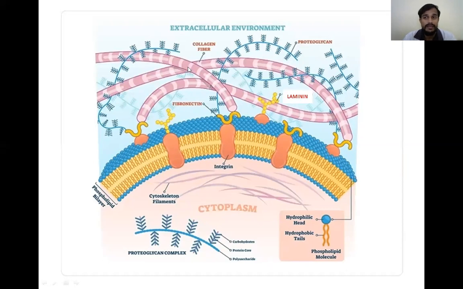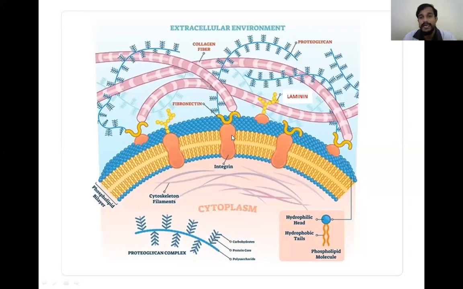This collagen and elastin, they work combinedly. So here you can see the collagen fibers, and these proteoglycans and collagen form the major components of the extracellular matrix. And apart from this, you can see the adhesive molecules, the fibronectin and laminin, and also integrin.